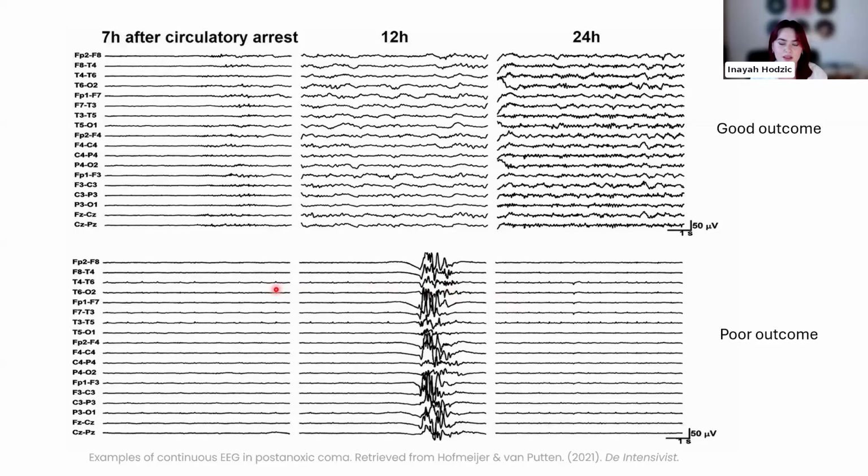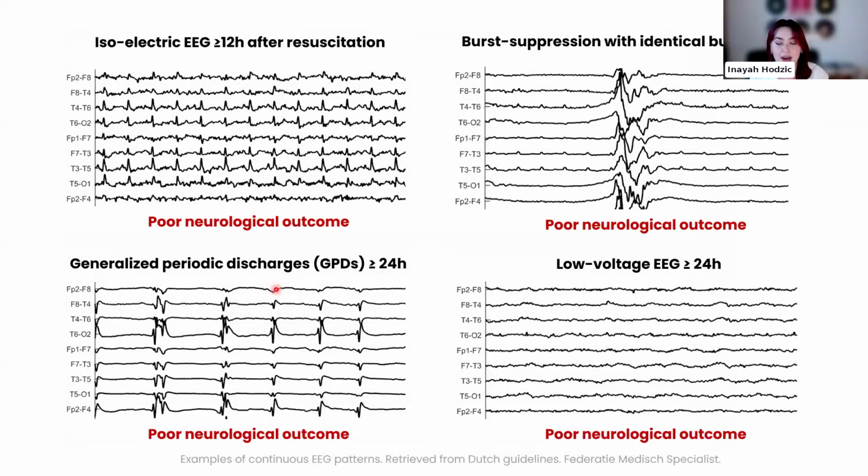So in this way, the EEG is visually inspected. Different EEG patterns are identified, and as such, a prediction is made. But many more different patterns exist, and they can all combine. So I have 4 other examples here that I show you, again around these very important hours of 24 and 12.